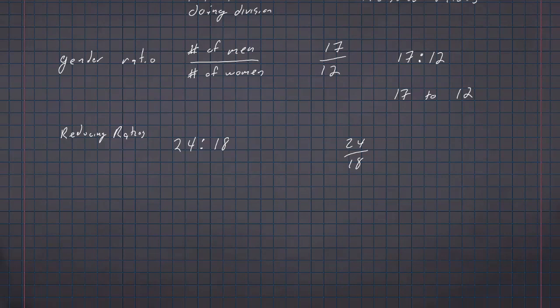And you may notice offhand that 24 is 4 times 6, 18 is 3 times 6. The factors of 6 cancel each other out. So 24 over 18 reduces to 4 over 3. Now that we have reduced the fraction, we can come back to the ratio notation and say that the ratio of 24 to 18 is the same thing as the ratio of 4 to 3.